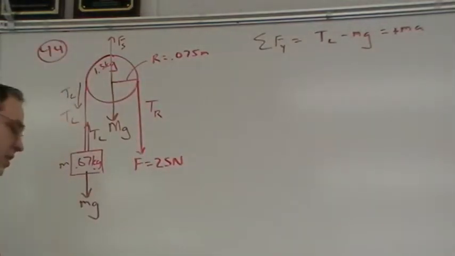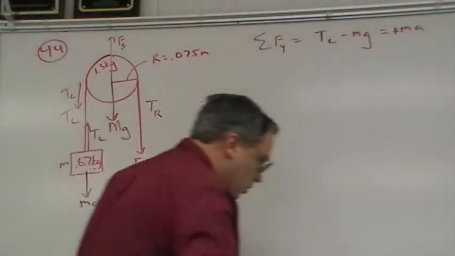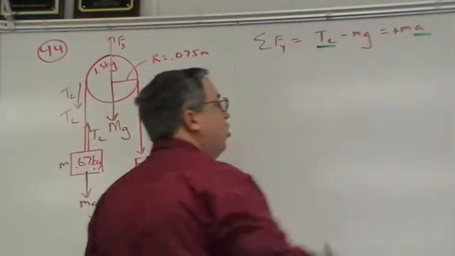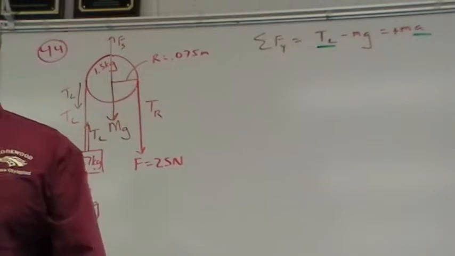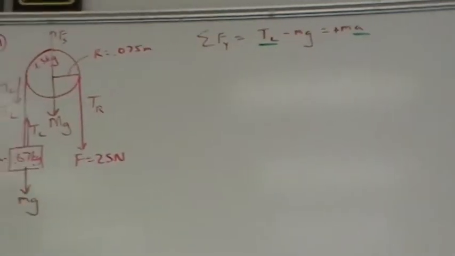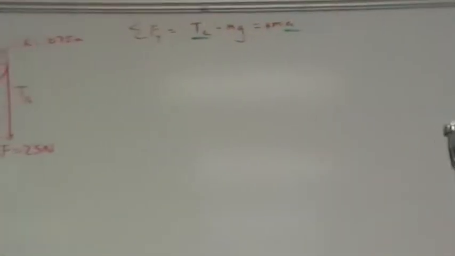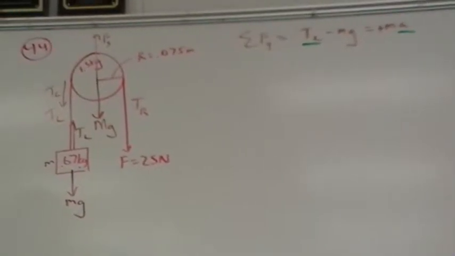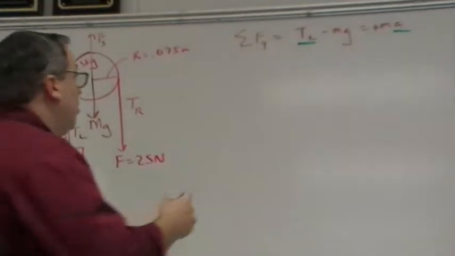You look at that equation and you see two things you don't know, so you're not solving it. You have to go someplace else. Where do you go next? You look at the torques acting on the pulley.